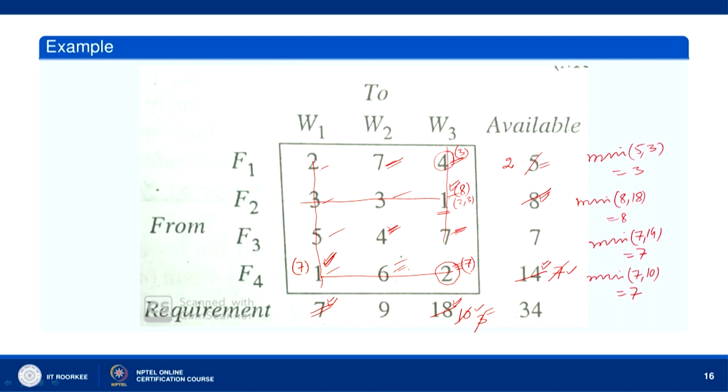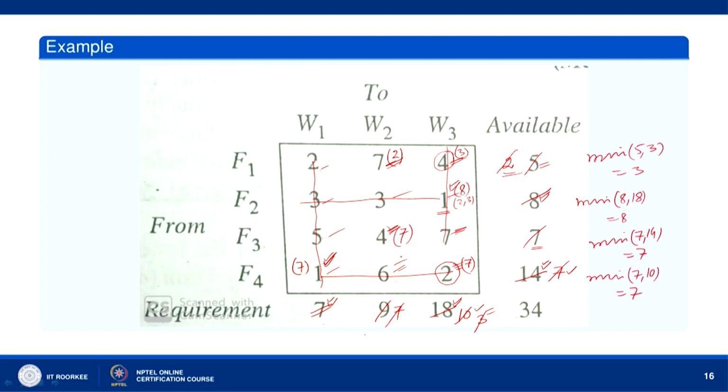Now, this 2 from F1 can be given to W2, and then from F3 this 7 can be given to W2. When we gave 2 to W2 from F1, this 9 became 7, and then we gave 7 from F3 to W2, it became 0.